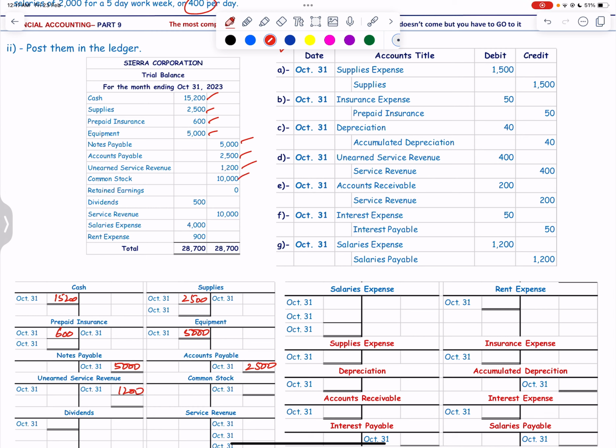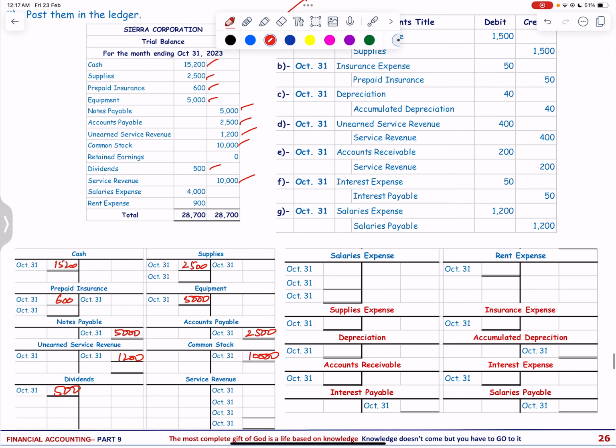Common stock is 10,000. Dividend is 500. Service revenue is 10,000. Salaries expense is 4,000. Rent expense is 900. So we have simply put the debit amount in the debit column and credit amount in the credit column.